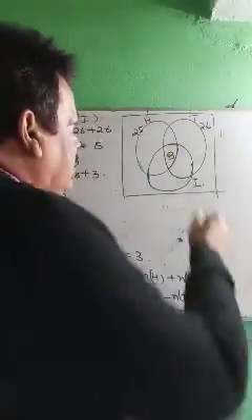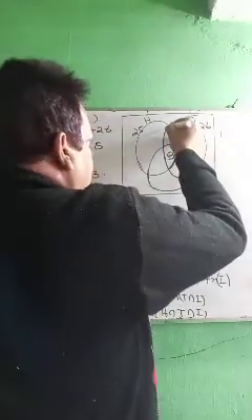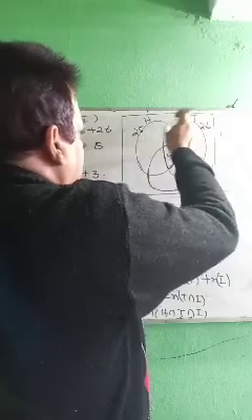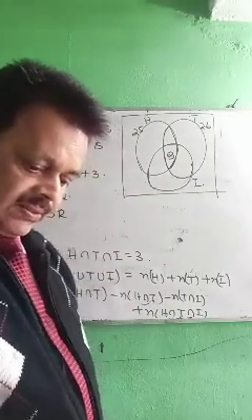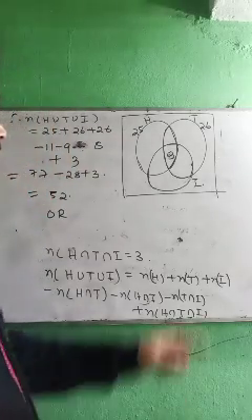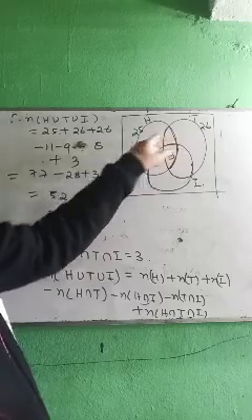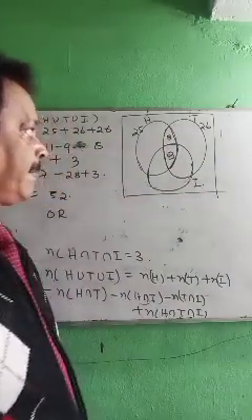Now look at this part, which is H intersection T. H and T is 11. The 11 means 3 is gone, so this part will be 8.